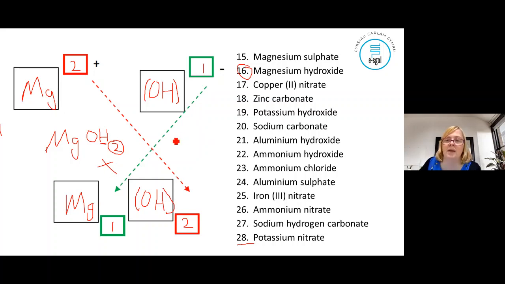Okay, so you'd represent it with the correct use of brackets here as Mg(OH). Okay, and then you'd put the 2 at the bottom outside, and that would then get you the credit. Okay, so that just emphasizes the fact that you've got this crucial inclusion of brackets sometimes.